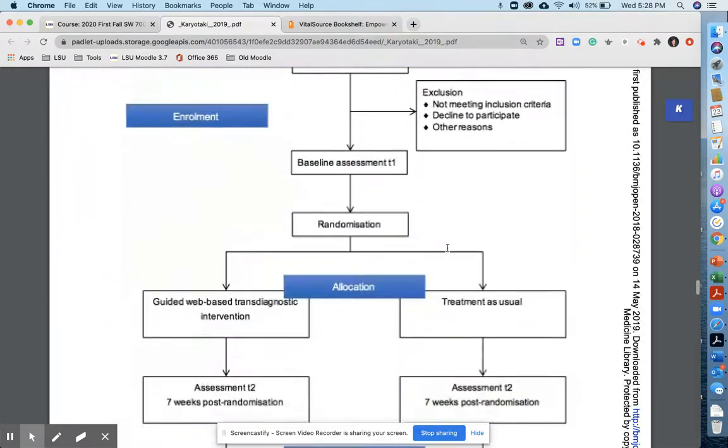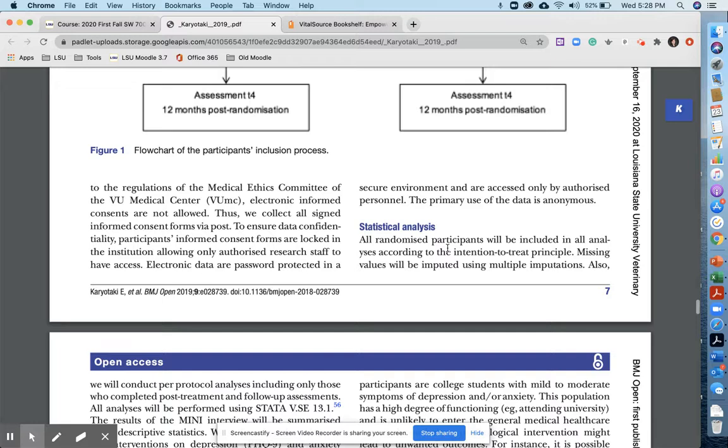And all the way down here in statistical analysis. In this section, it will tell us what the independent and dependent variables are.